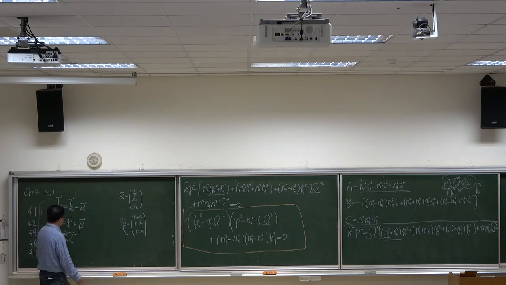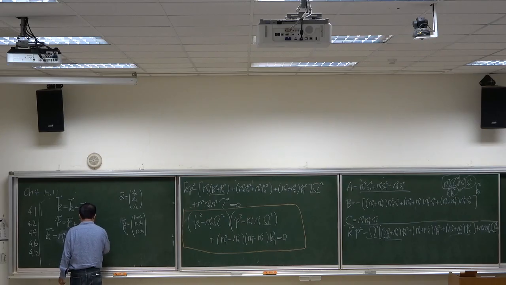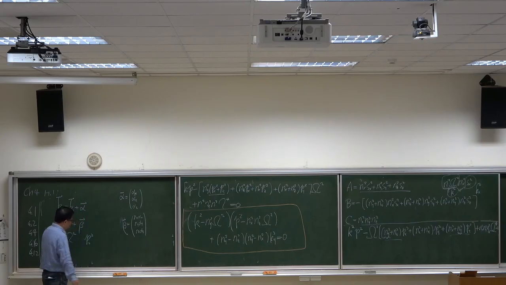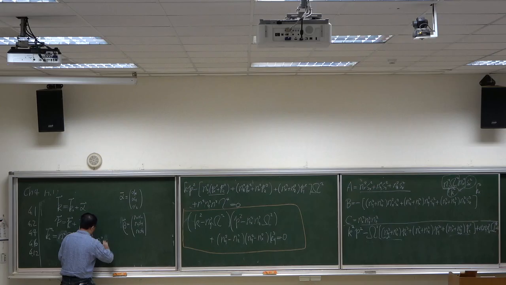And what is the square of P naught? P naught squared is in fact nx squared kx naught squared plus nz squared k naught z squared.